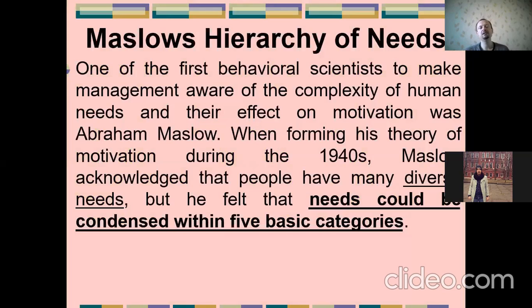So let's begin with historically the first motivation theory. Abraham Maslow analyzed all needs, and firstly he wanted not to present some motivation theory, but just thought about needs of every person, and generally he divided all the needs into five groups.